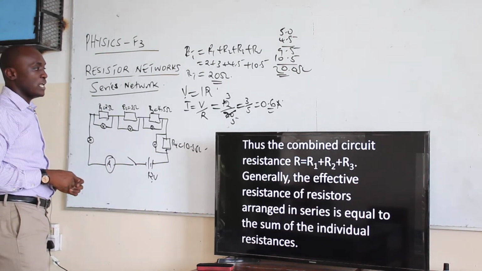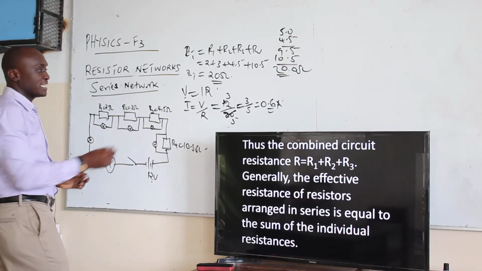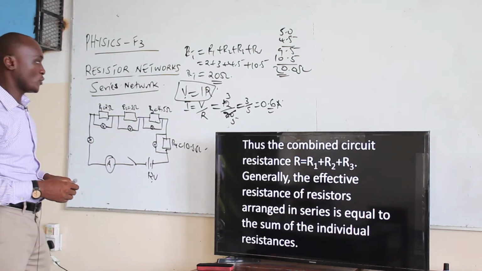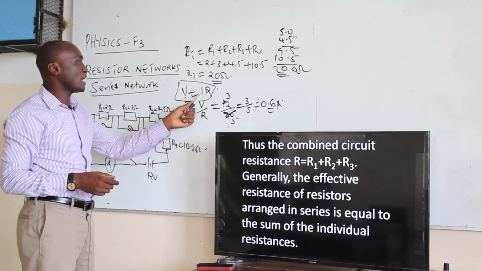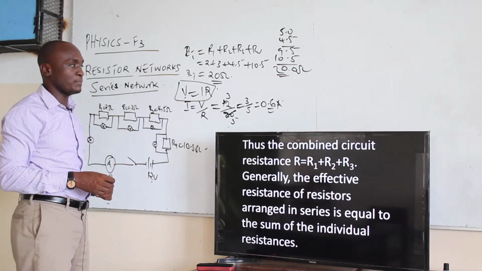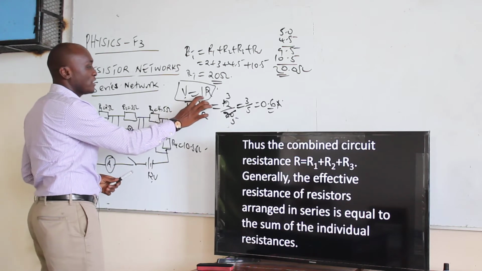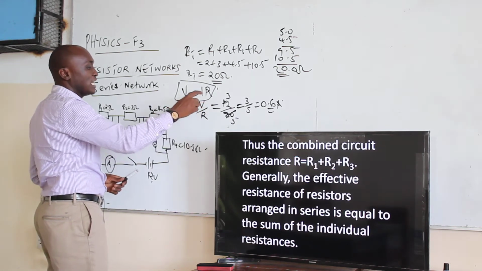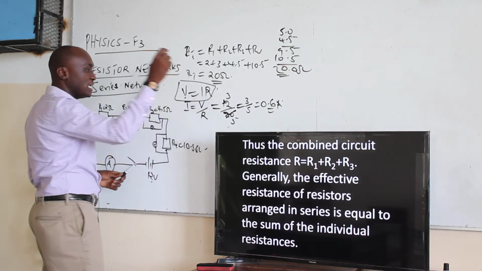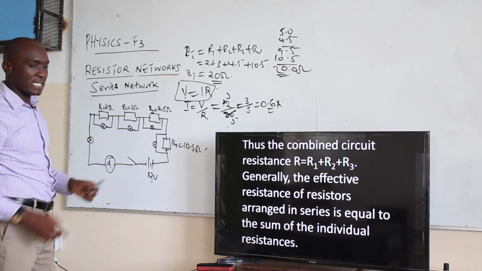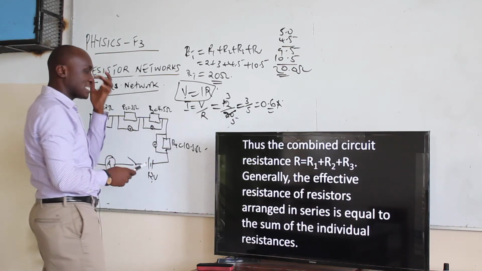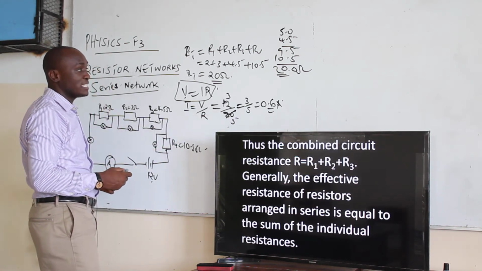Another question comes in: can you find the total current going through the circuit? How do you find it? We respect Ohm's law, which says that V is equal to IR. Making I the subject of the formula, we divide by R, so I is going to be V divided by R. V is the total voltage across, which is 12 volts, divided by the total resistance, 20 ohms.